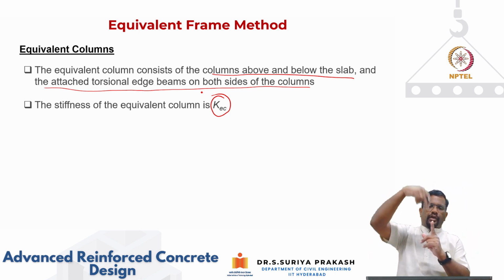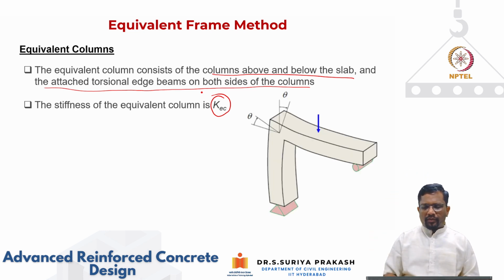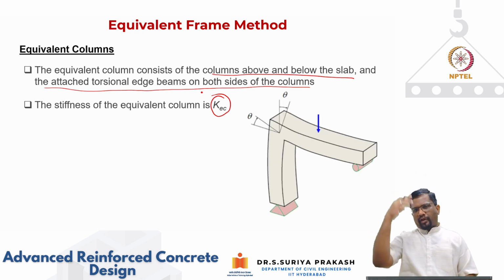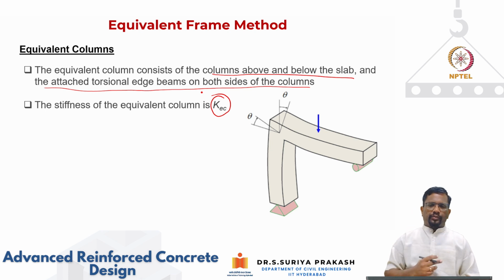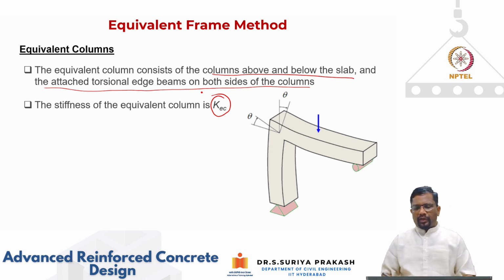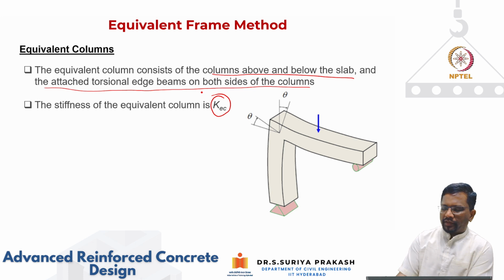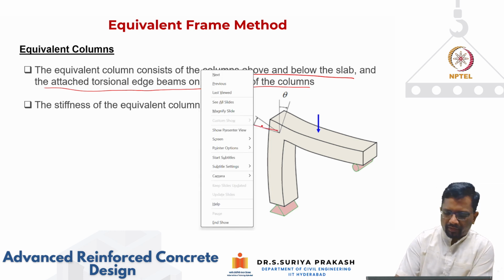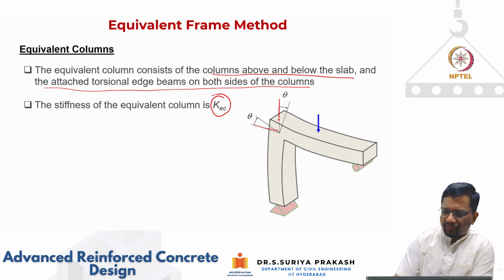Now you see, you have a column above and below. Both of them are in parallel. So you can add the columns above and below as one column stiffness. In addition to that, this is what we said: when this kind of frame is joined, this is a rigid joint, right? So let's say before deformation, it is like this, right?